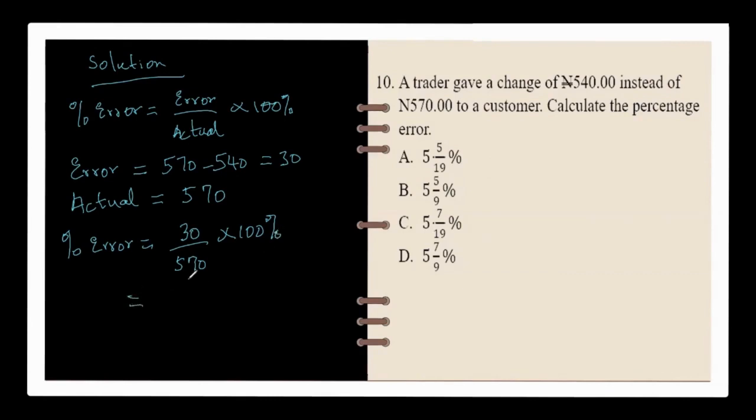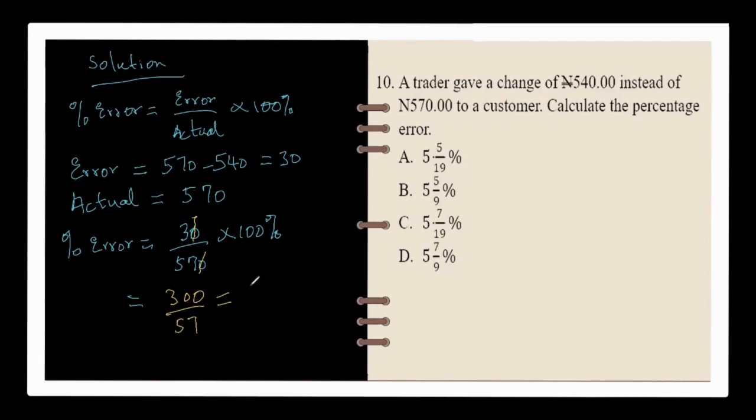If we look at this, some things we cancel out. This will give us 3 times 100, which is 300, all over 57.